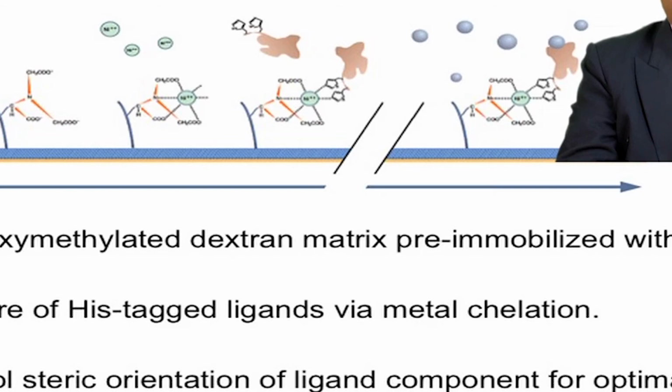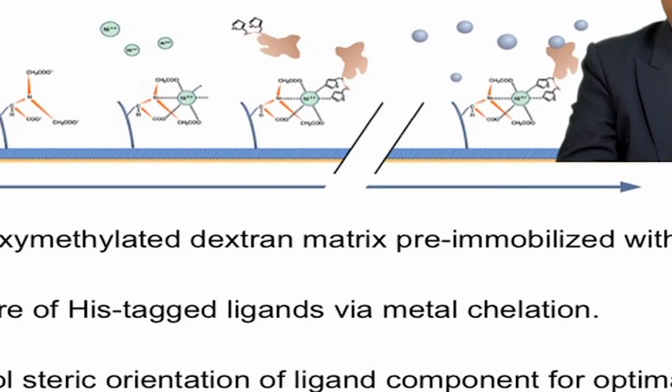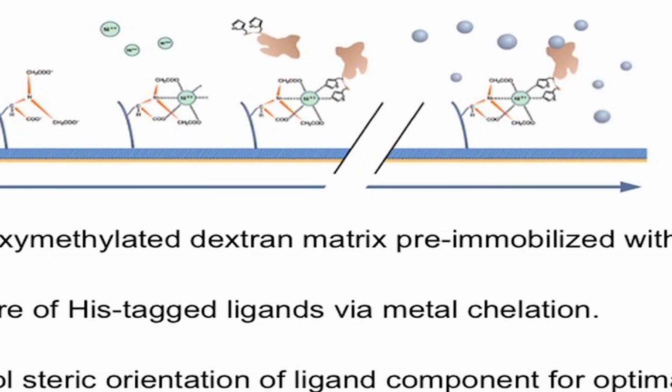Proteins recombinantly expressed with these tags have been captured on NTA surfaces for interactions with other analytes, either proteins or complex molecules. These histidine tagged molecules bind to NTA when the NTA is charged with nickel or copper solutions, and this generally helps to control the steric orientation of the ligand for optimal exposure of your ligand.